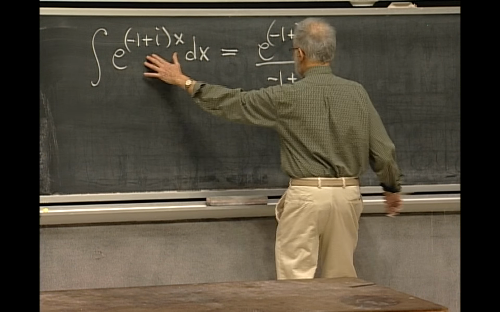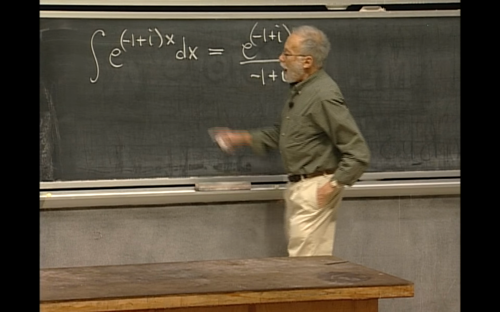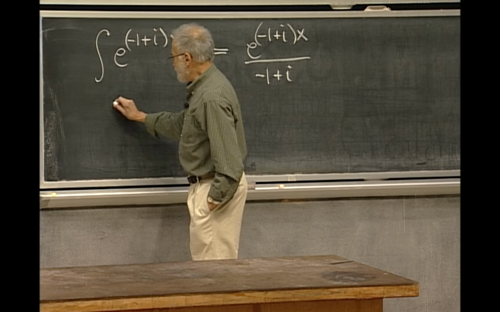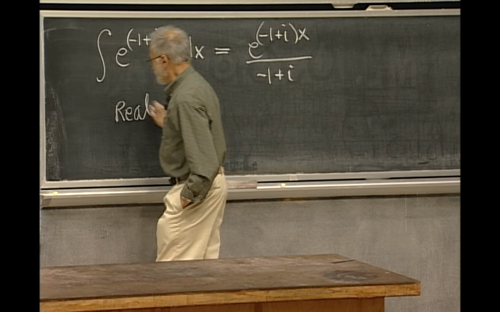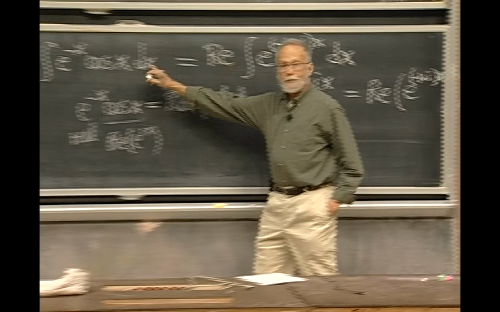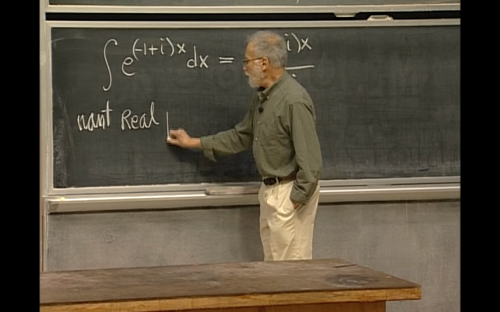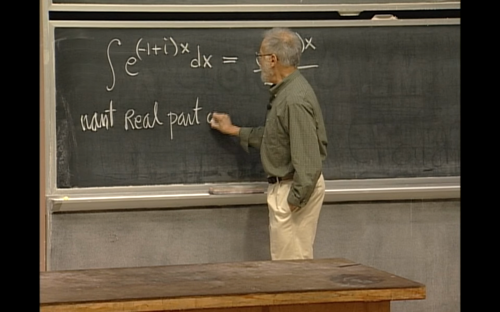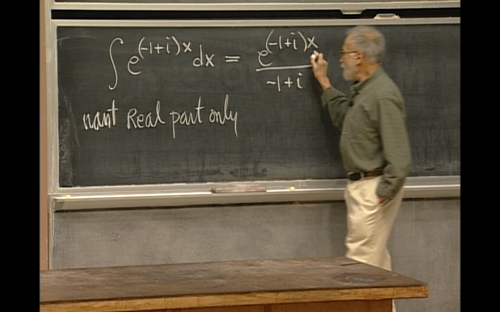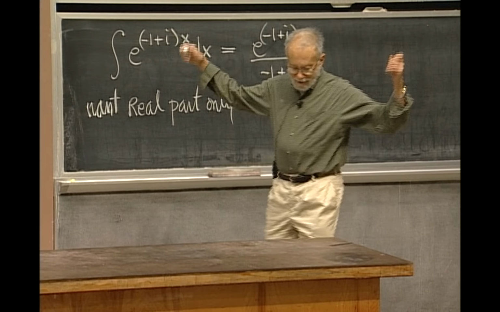That's correct. I want the real part of this. I want the real part because that's the way the original problem was stated. I want the real part only. So I want the real part of this. Now, this is what separates the girls from the women.